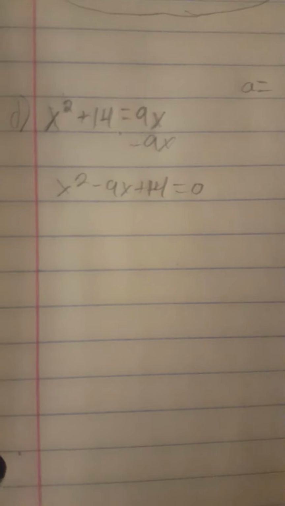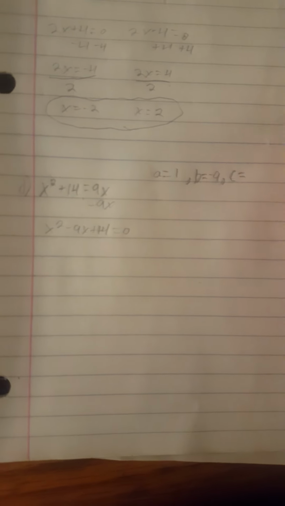So now we can fill out the a, b, and c. a would equal 1 for the x squared, b would equal negative 9, and c would equal 14.